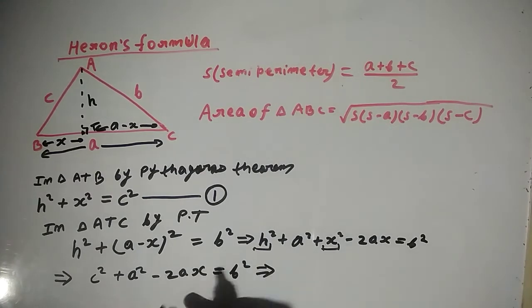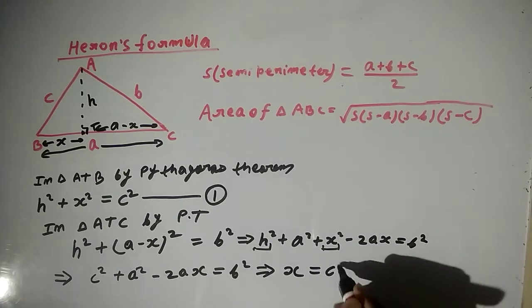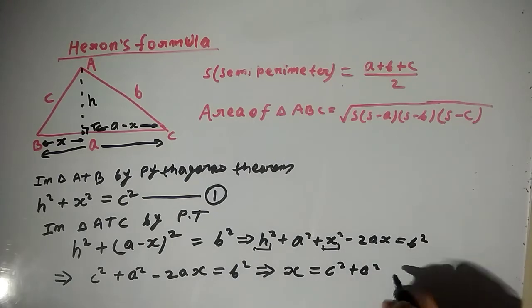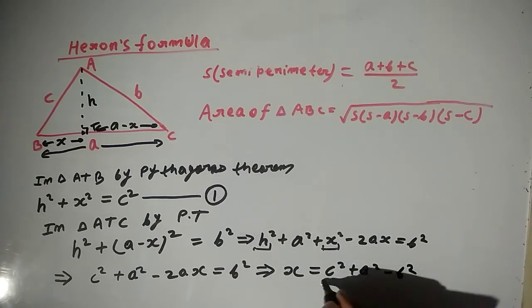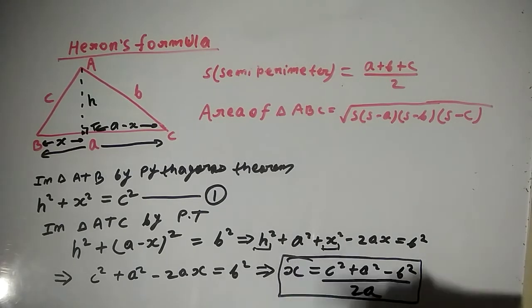From here we get that x is equal to c squared plus a squared, take this b to the other side, minus b squared, and divide by 2a. So this is our expression for x.